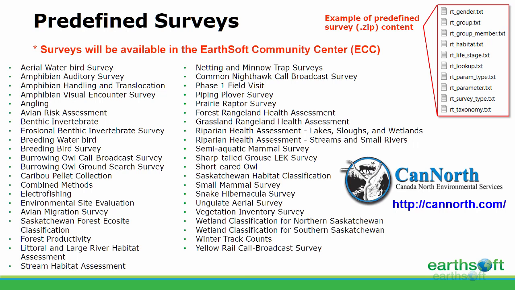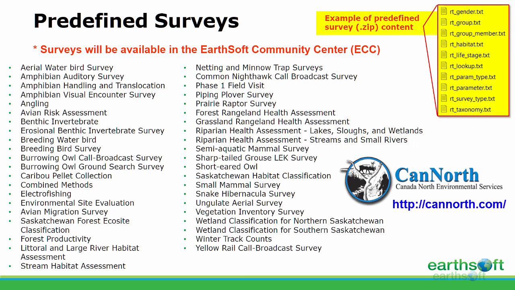Okay, so here is a list of the archive surveys that we currently have. You can see this wide variety of different surveys, everything from benthic invertebrates, electrofishing, short-eared owl, etc. And again, thank you to Canada North for supplying all of these surveys for us.